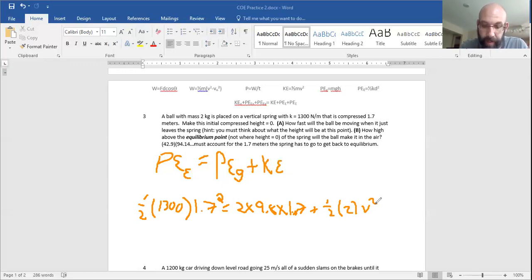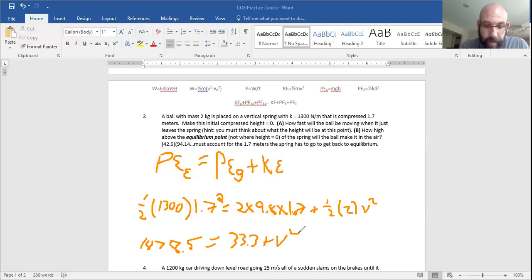So 1.7 squared times 1,300 divided by 2 becomes 1,878.5. That equals 2 times 9.8 times 1.7, which is 33.3, plus v squared, because half of 2 is 1.